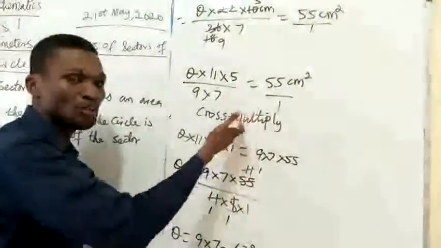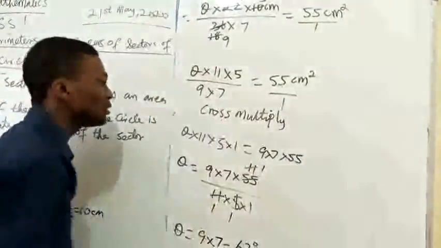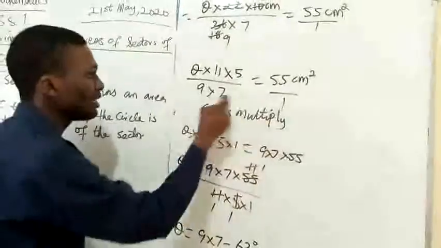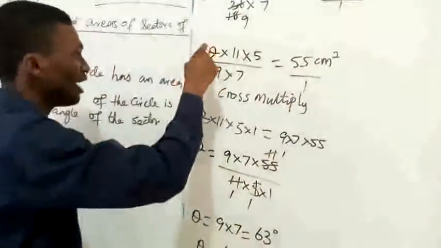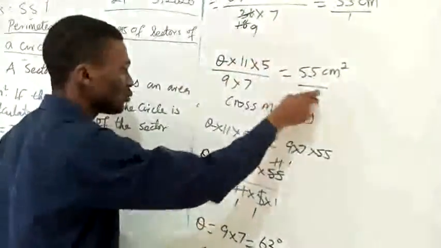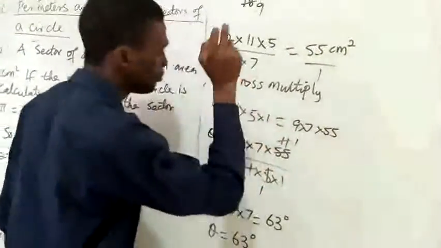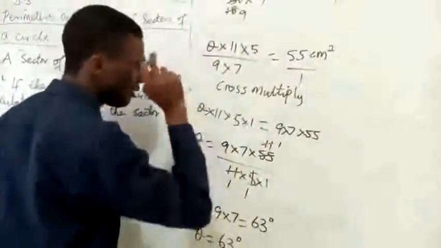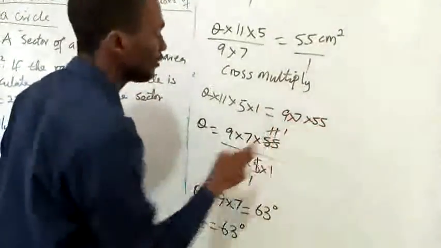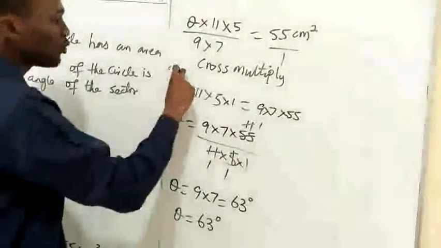Now we can cross multiply. When we say cross multiply, this will multiply by this, while this will multiply by this. So we have theta times 11 times 5 times 1 equal to 9 times 7 times 55. At this point, we look for theta.